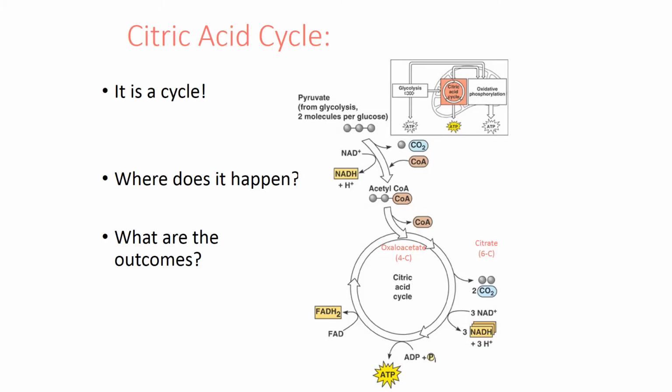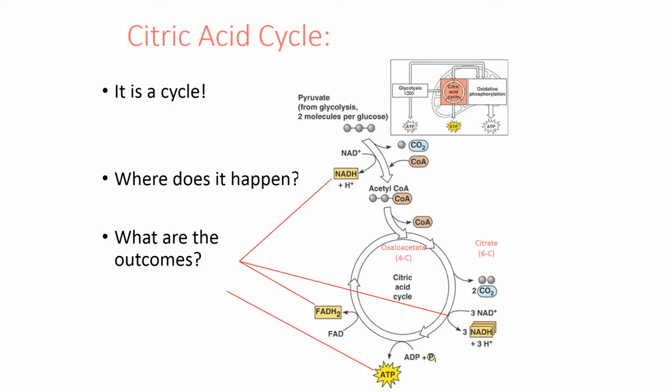We are going to use those high energy electrons in the acetyl-CoA molecule to reduce NAD to NADH and to reduce FAD to FADH2. As you can see right there, and we're going to produce some ATP.